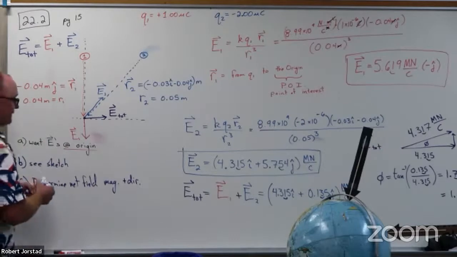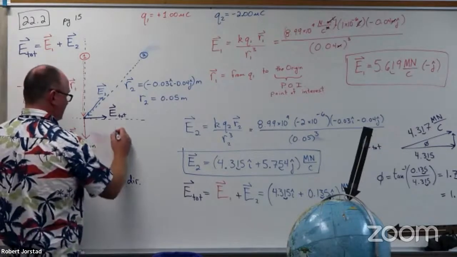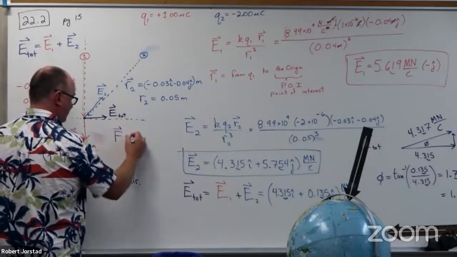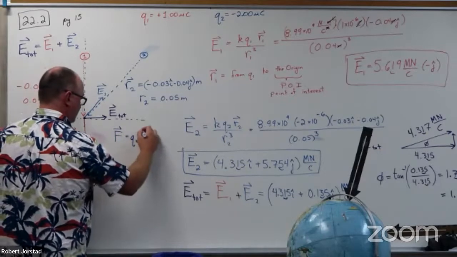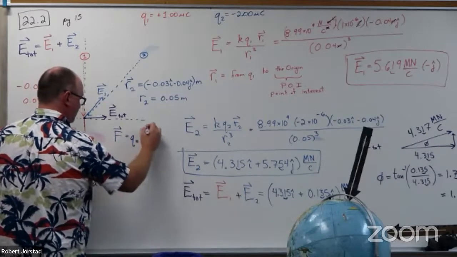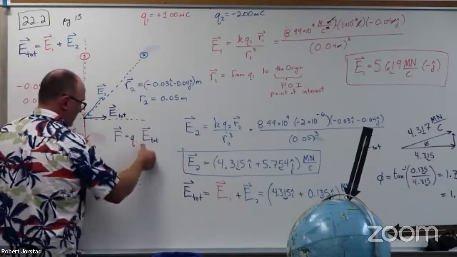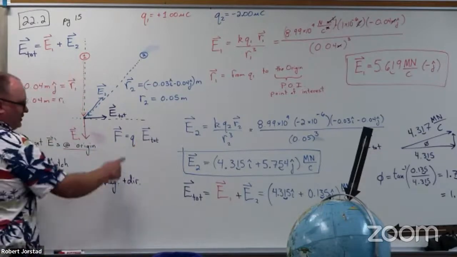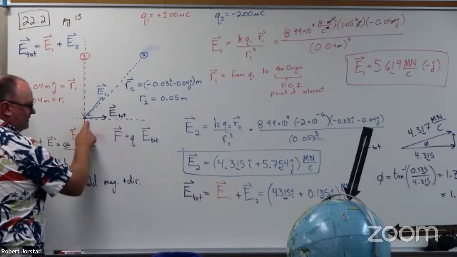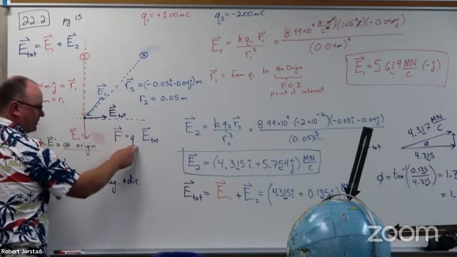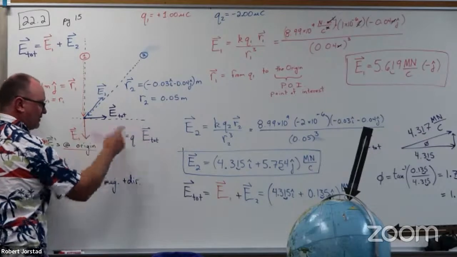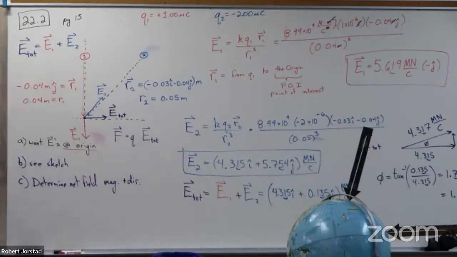The equation for the force on the test charge, it's on any charge, right? Now we don't even need to say test charge. If I put a charge at the origin, I take the charge that I'm going to place at the origin, multiply it by E total, and that would give me the force.